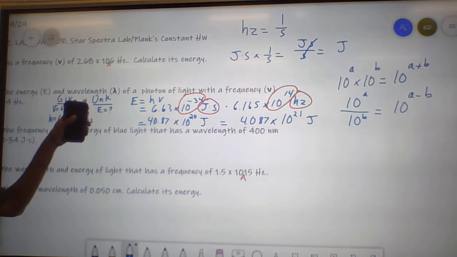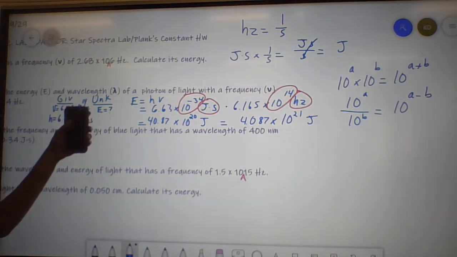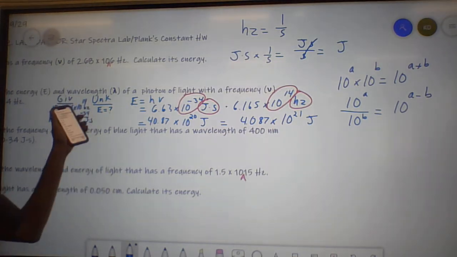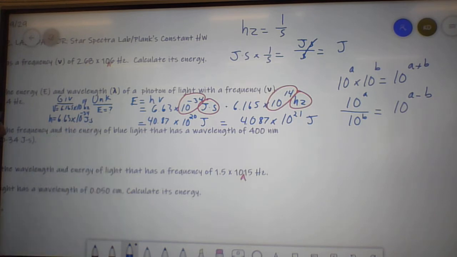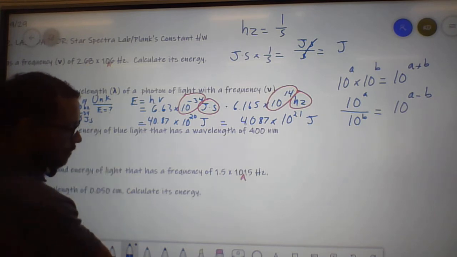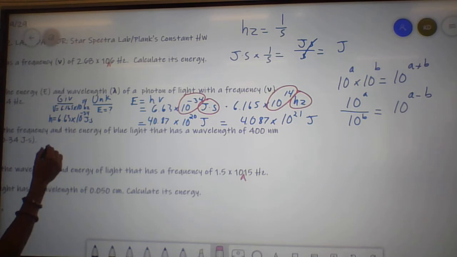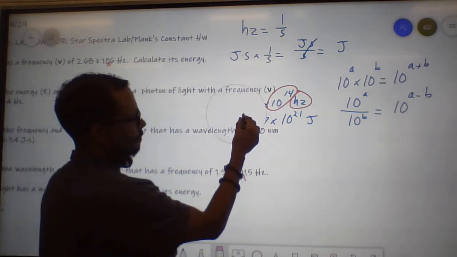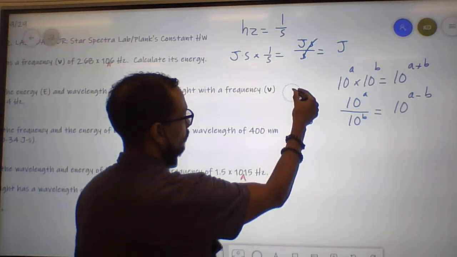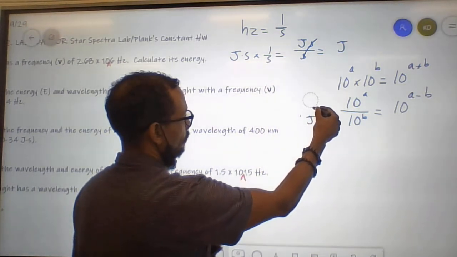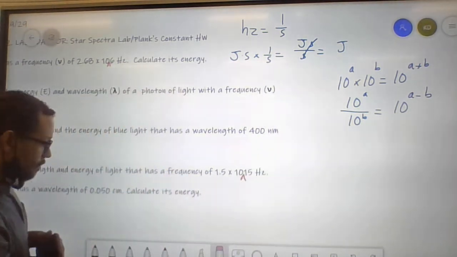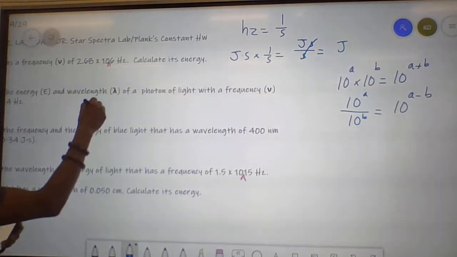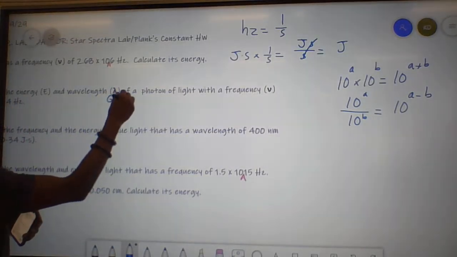They also want us to find the wavelength. So that's easy as well. We just start off with the new given and the new unknown and go from there. All right, so here we have some given information.